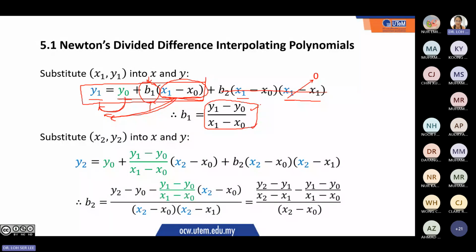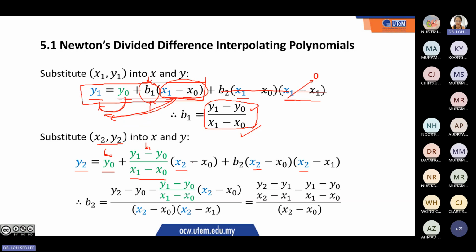Now we have already got B1. We want to find B2, so you repeat the same thing. You substitute the third point into x and y. This is your y2. Substitute y2 into y. This is what we found just now for B0, and this is your B1. And we substitute all the x by x2.